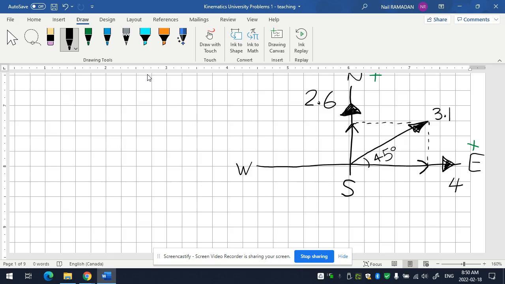You can call them D1 if you wanted. I guess this was trip 1, this was D1, and this was D2, like I did in my solutions yesterday. And this would be D3. Is this D3 on the Y or D3 on the X? X, which means this is D3 on the Y.